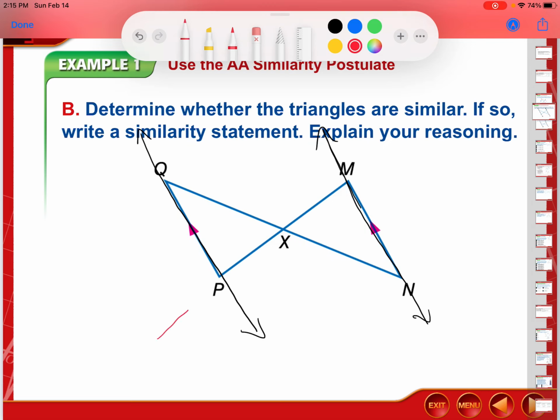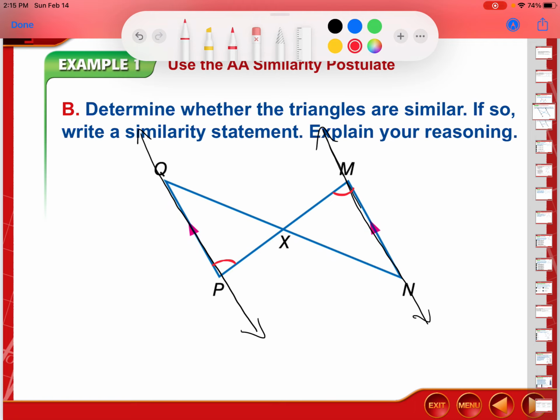So the first transversal I would like to use is MP. And using MP as a transversal, I know angle P and angle M are going to be congruent. The reasoning for that is alternate interior angles. So since they are alternate interior angles, we know that they are going to be congruent to each other.